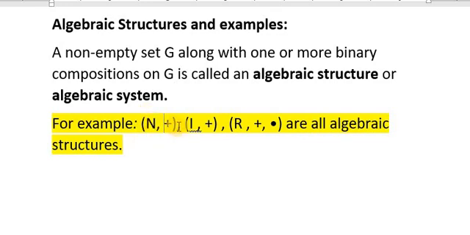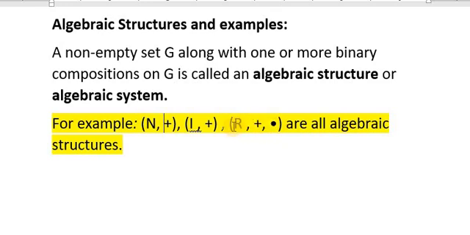N, plus is a group of natural numbers with respect to addition, and I, plus is a group of integers with respect to addition. Similarly, we have the algebraic structures with two operations.